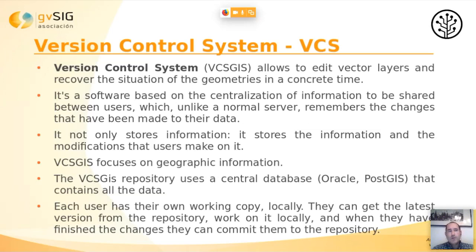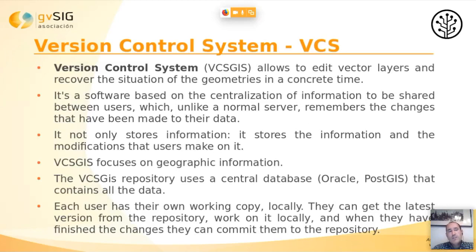I want to summarize what a version control system is. It allows to edit vector layers and recover the situation of the geometries in a concrete time. It stores not only the information, but also the modifications that the users have made on the geometries.